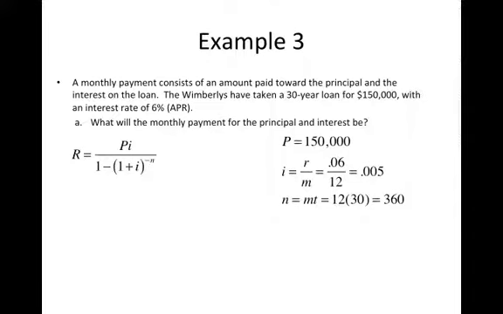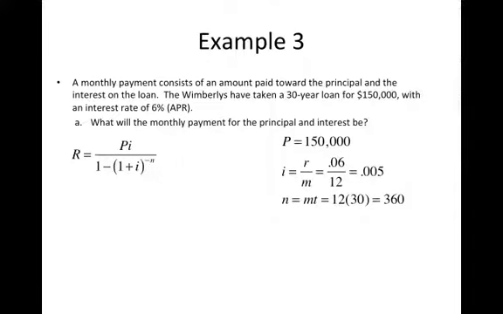So we need to know P. P is the amount being borrowed, so $150,000. I is r over M, so our annual percentage rate is 6%, so 0.06. These are monthly payments, and so M is 12, so 0.06 divided by 12 is 0.005.